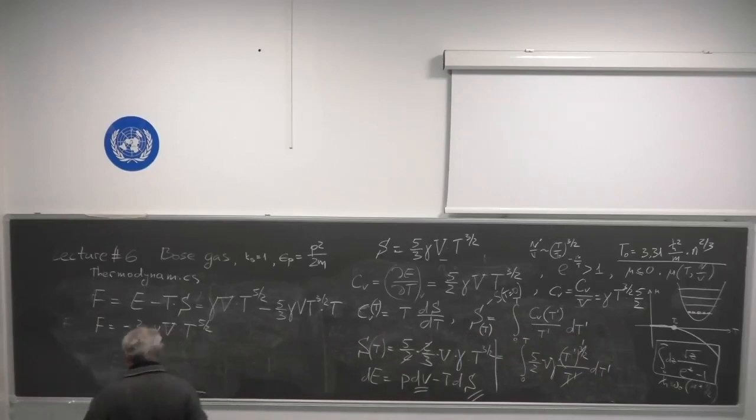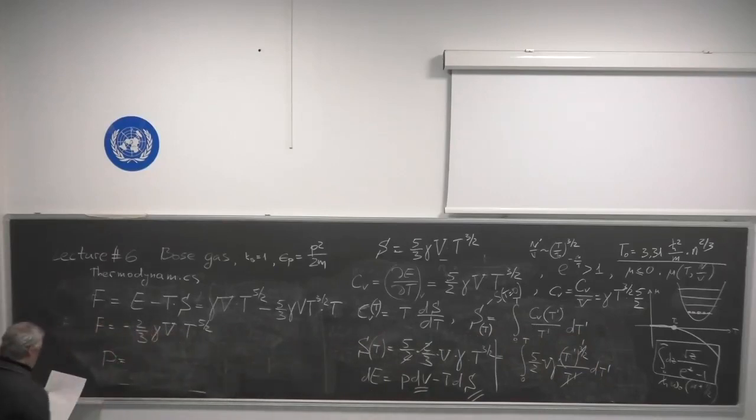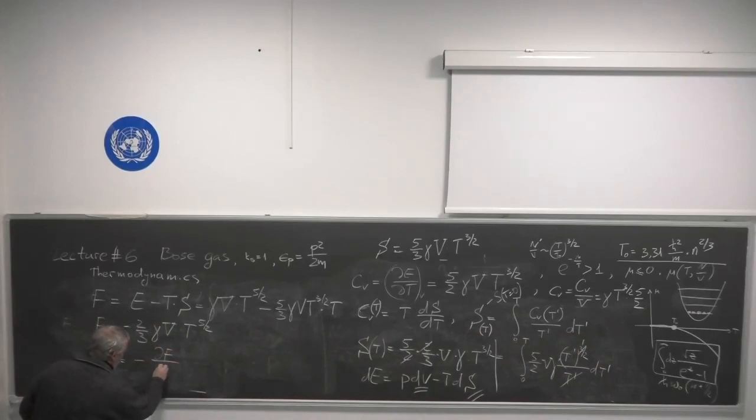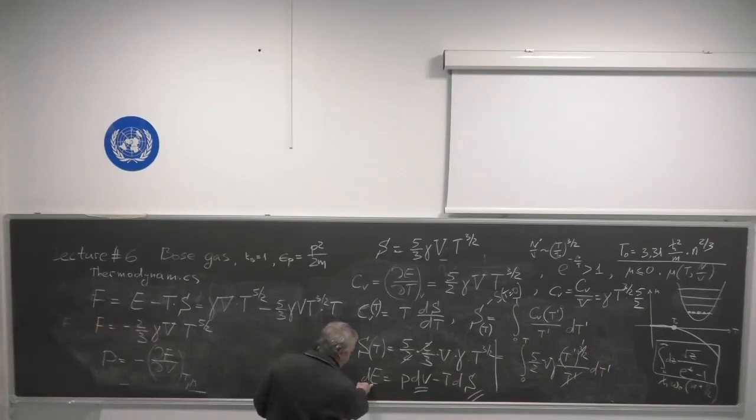So, pressure is minus dF over dV at constant T and mu. For example, dF you get as minus P dV minus S dT.